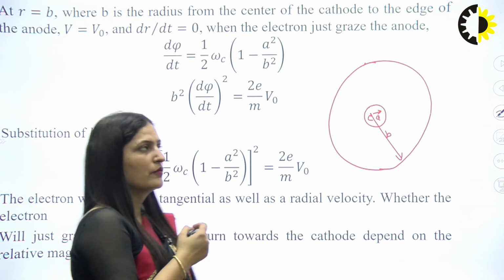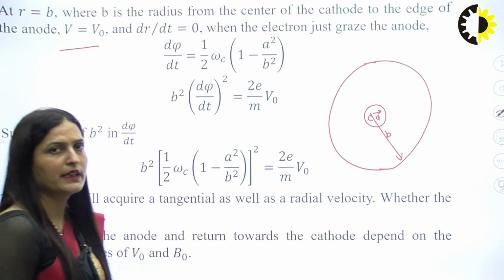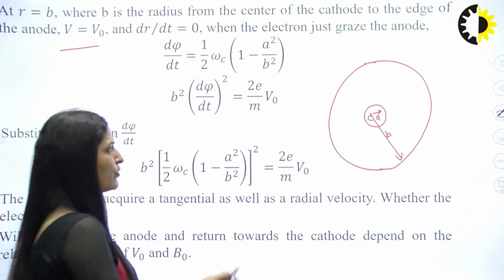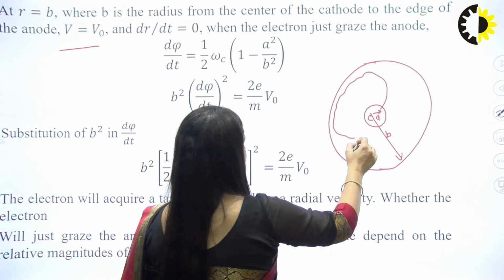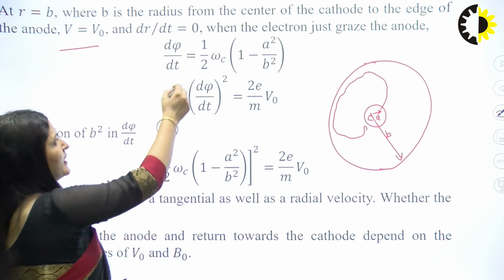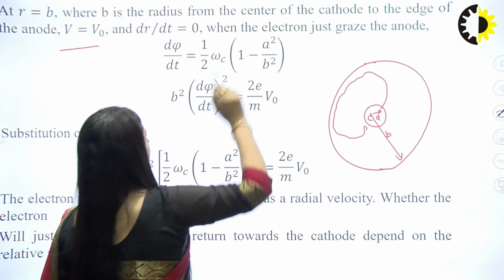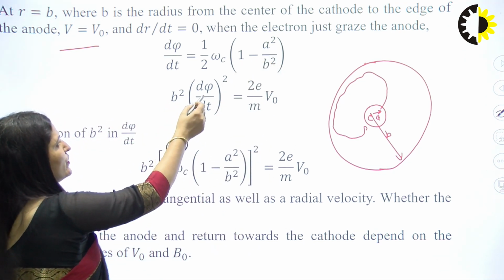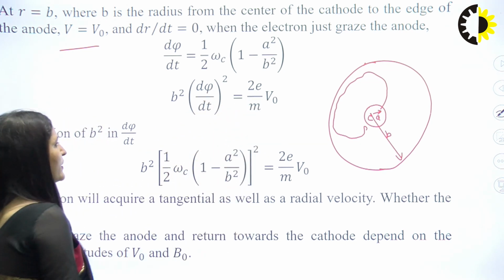So voltage V is equal to V naught, dr by dt is equal to 0 when your electron just grazes the anode. It means the case when it is moving just like this. d phi by dt is equal to 1 by 2 omega c (1 minus a square by b square), and we can rewrite b square is equal to (d phi by dt) square is equal to 2 e m V naught.